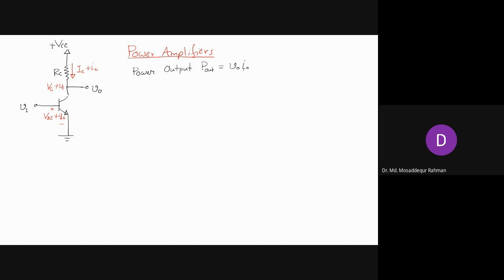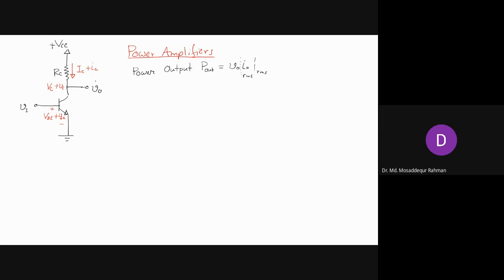So that is instantaneous. If it is an AC signal, what we do is take the RMS values of the voltage and the current. So that is our output power.